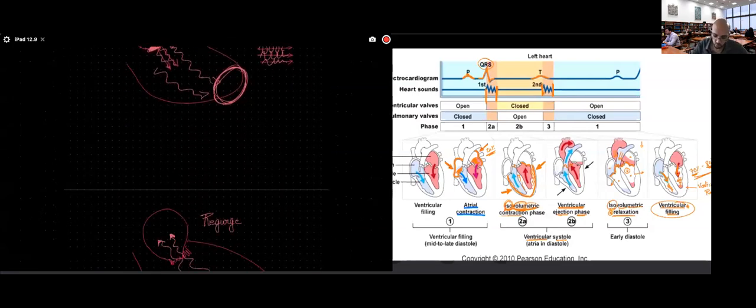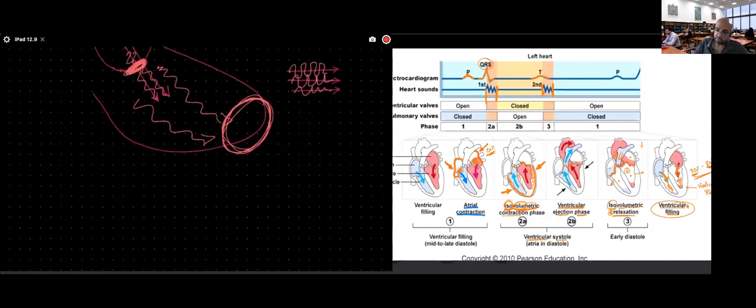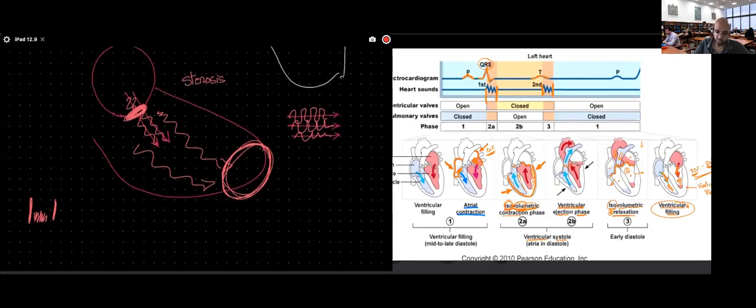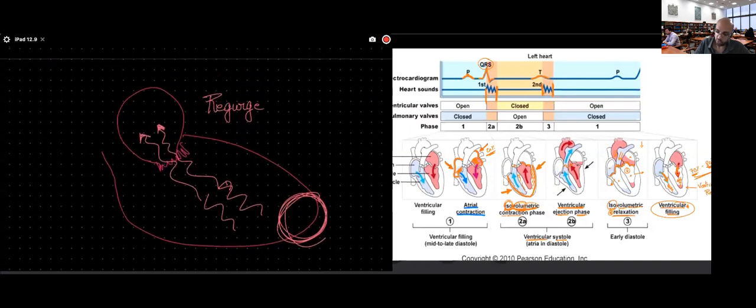Is it a stenosis or a regurg? Would I have lub, sh, dub if the mitral valve is stenotic or regurgitating? What do you think, logically?